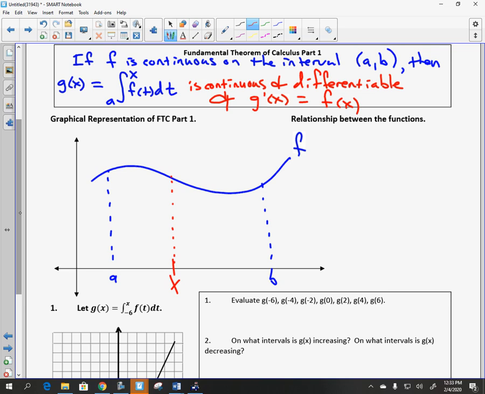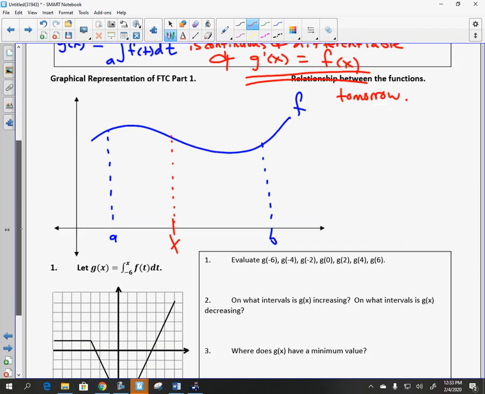That piece we're going to talk a lot about tomorrow. It's super cool. It'll make a lot of sense tomorrow. Right now, we're just kind of dangling it out there. Right now, we're going to focus on this guy.